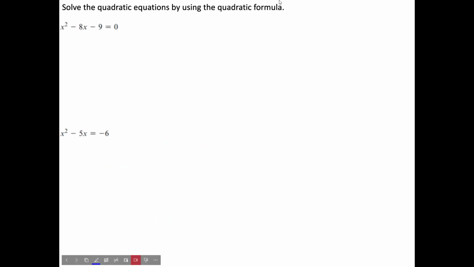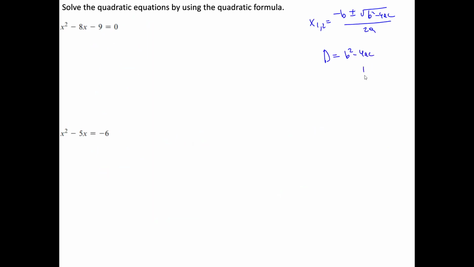Okay, this one, using the quadratic formula. Do you remember the quadratic formula? Probably. Okay, x1,2 is, that's in your book, minus b plus or minus square root of b squared minus 4ac over 2a. That's the quadratic formula. What I do, I offer that as 2 steps. First, we find D. Then we analyze: if D is more than 0, 2 roots.